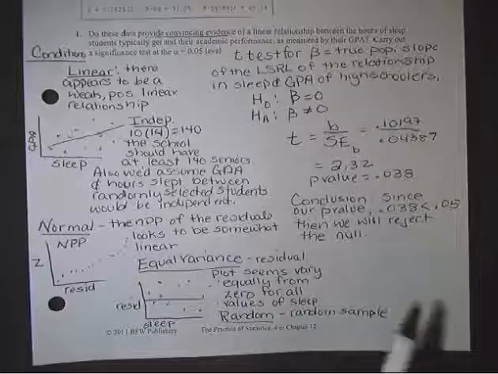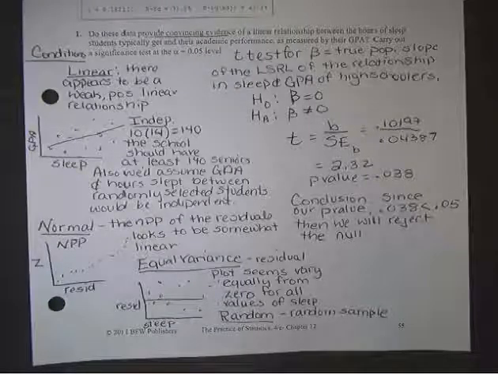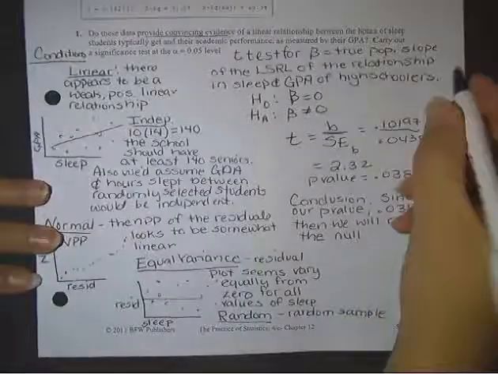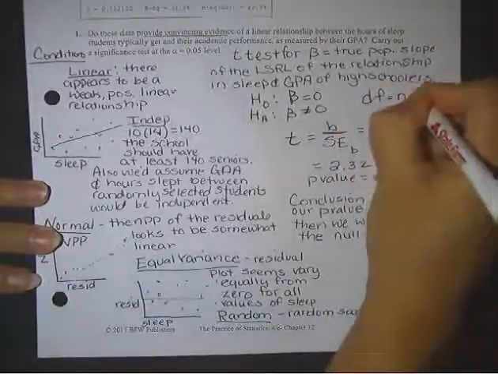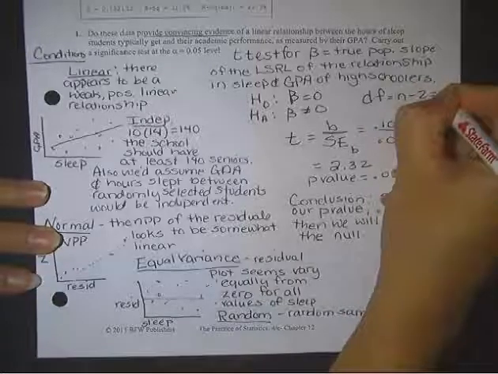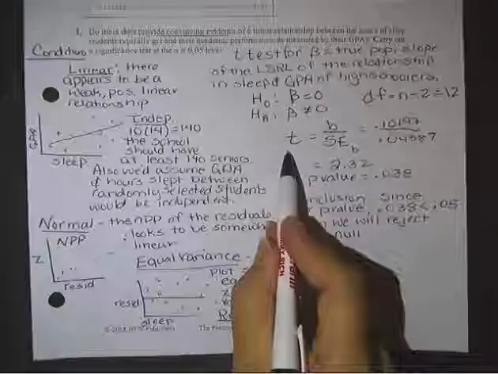high school seniors. We didn't talk about degrees of freedom. Do know in this test degrees of freedom is n minus 2, which would be 14 minus 2, 12. If you have to find the t yourself on your calculator, remember you're going to go to LinRegTTest and enter these things.